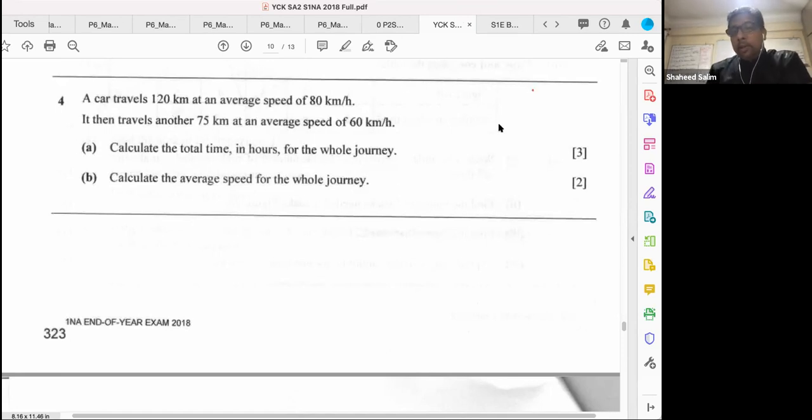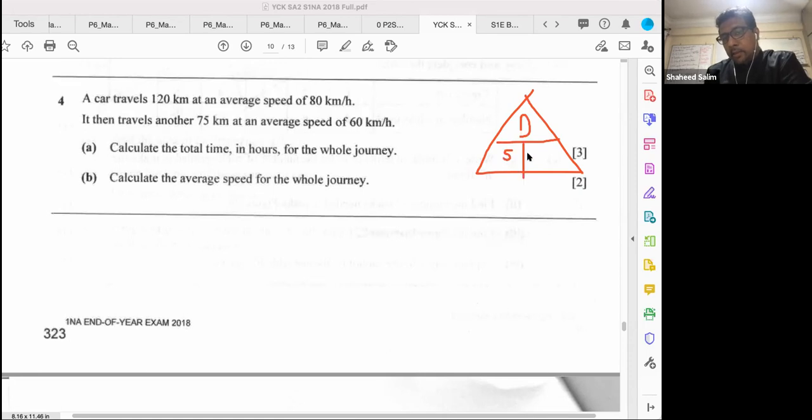Now, you remember this triangle, D, S, T. What do you want to find? Down here, you want to find time. So you want to find time, you erase time. So what's the formula? Distance divided by speed. Distance divided by speed will give you the time.